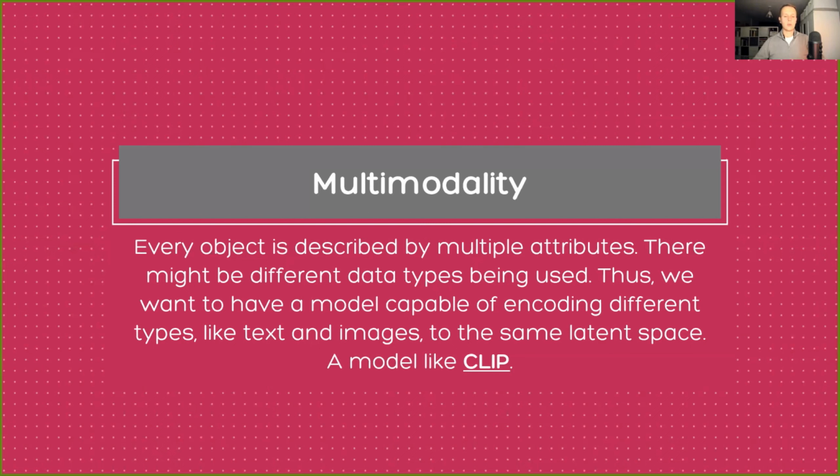So as a result, we will be able to compare text with images. There are also some existing pre-trained models which are able to do that. A great example here is Clip. Clip is a model that is capable of encoding texts and images into the same latent embedding space. So this is pretty useful.